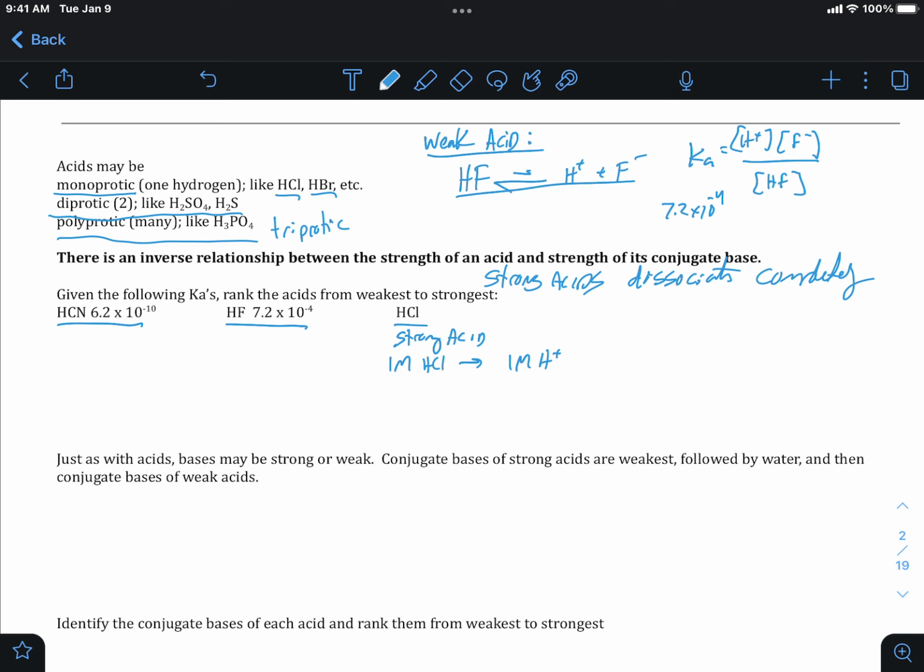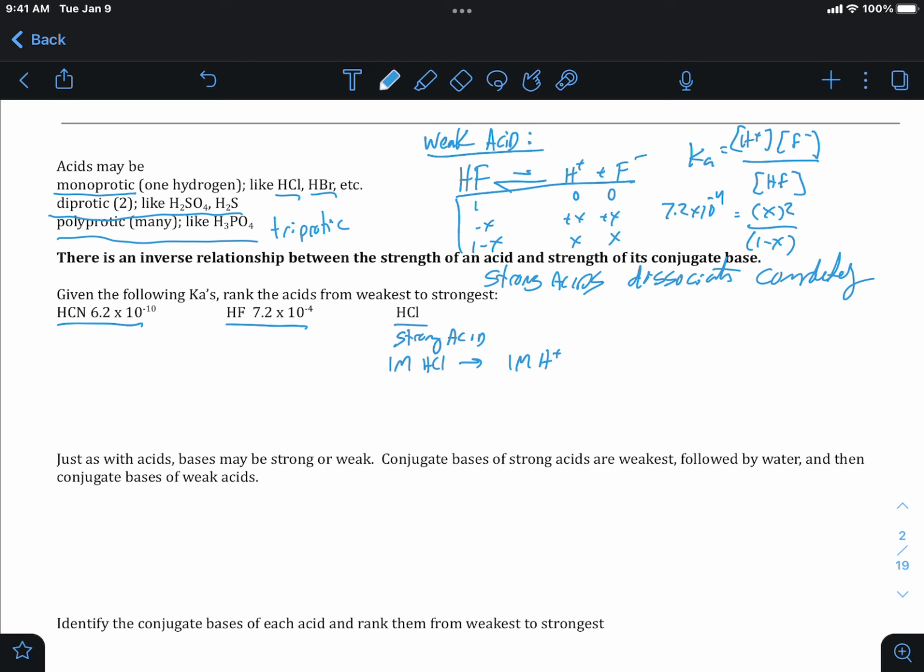So imagine if I said, all right, let's find the concentration of H+. Let's say that we have a 1 molar solution. 1 molar, 0, 0, plus x, minus x, 1 minus x. So I've got x squared over 1 minus x. Okay, let's find out what our concentration of H+ is. Yes?